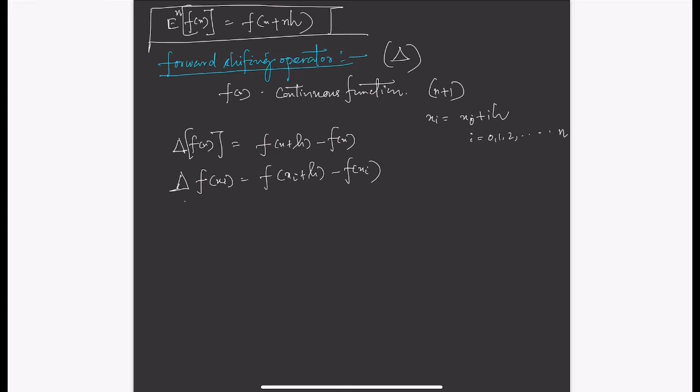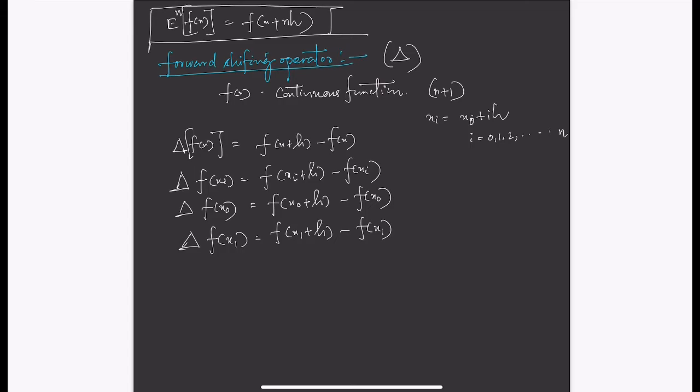If this is f of x naught, the forward difference of the functional value at x naught is nothing but f of x naught plus h minus f of x naught. Similarly, delta of f of x1 is f of x1 plus h minus f of x1.